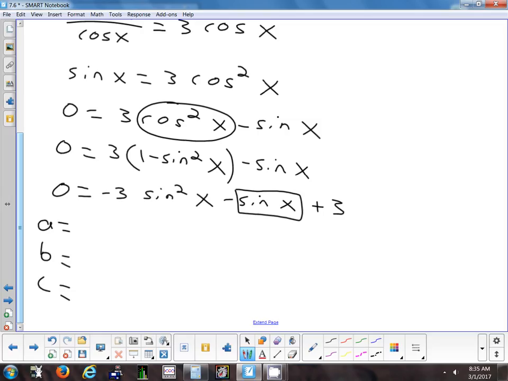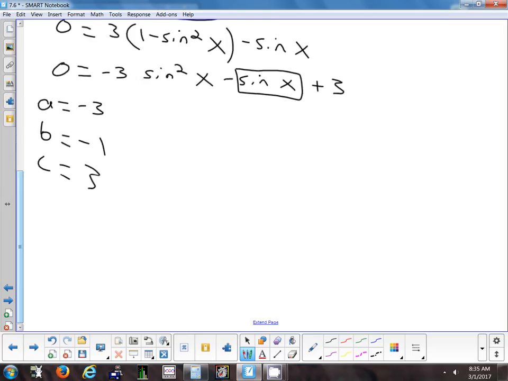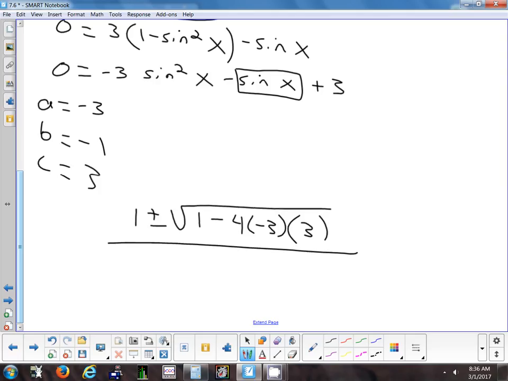So do it just like it's a quadratic without trigonometry. What's A? B? Great. Fill in the formula you gave me earlier: negative b plus or minus the square root of b squared minus 4ac, all over 2a, which is negative 6.